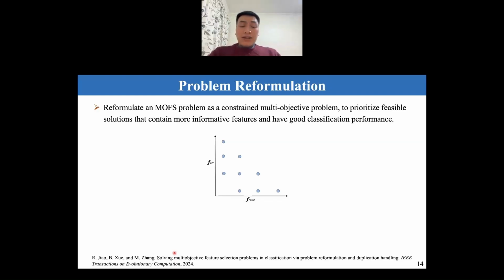What he did is, firstly, find all the non-dominated solutions in the current population. Then he uses the solution with the highest error rate, which also means it has the lowest feature ratio, as what we call an indicator point. That indicator point here, the 0, 1 here, tells us where we should focus: what is an acceptable classification error rate.